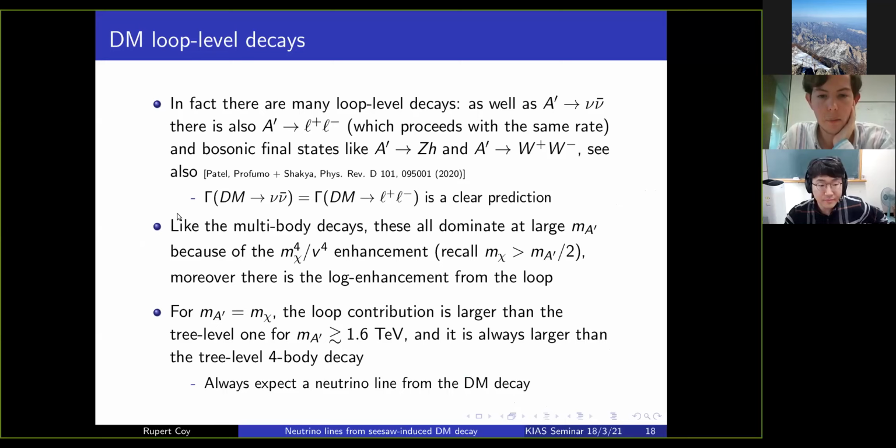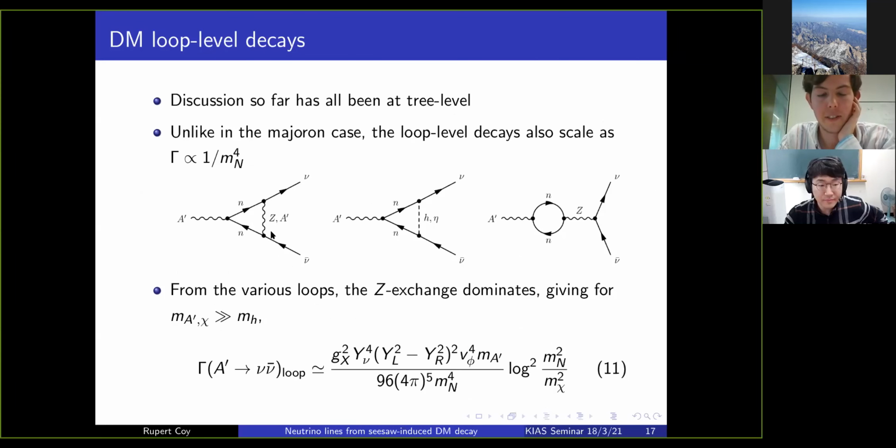Now, just as in the multi-body decays, you have some enhancement at large MA prime, because essentially it is enhanced by m chi to the fourth over v to the fourth. You have no vevs here, because the loop diagram gets rid of those.